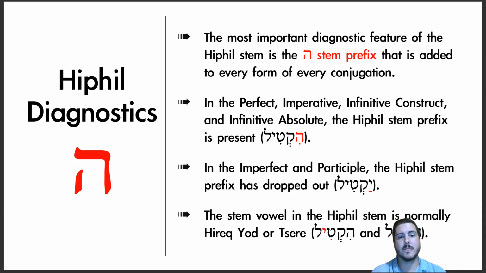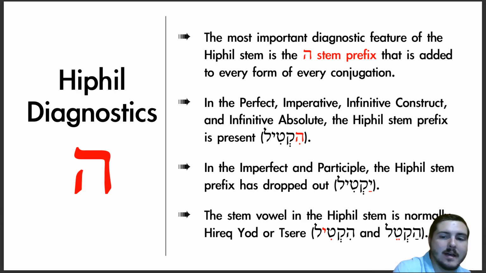I'm going to say hiktil. In the imperfect and in the participle, the Hifil stem prefix drops out. Yaktil. The stem vowel in the Hifil stem is normally a hireq yod, or tsere. Okay, right here, over here on this side, the bottom. Hiktil, you notice the hireq yod right here.